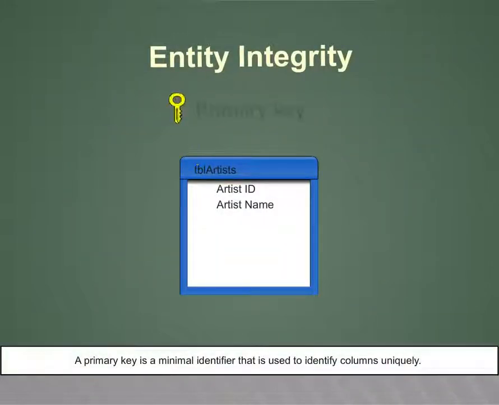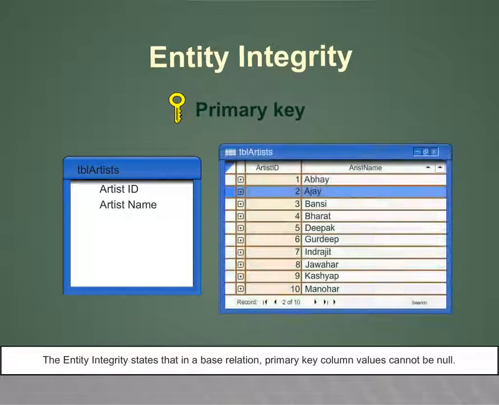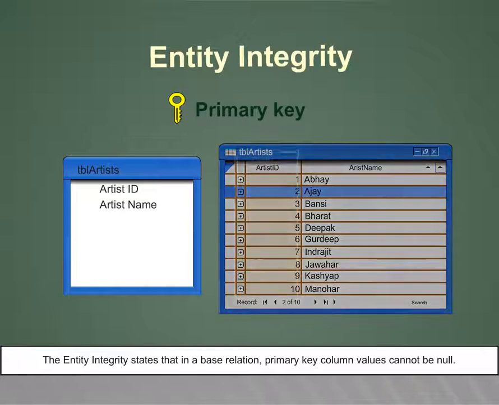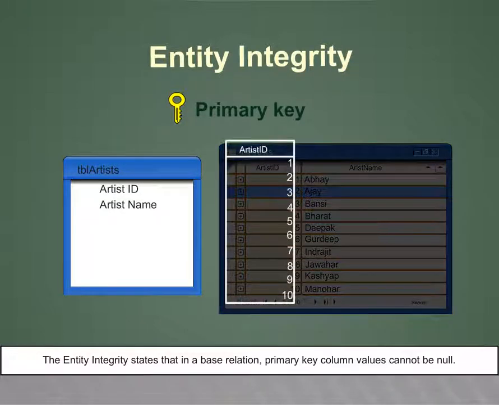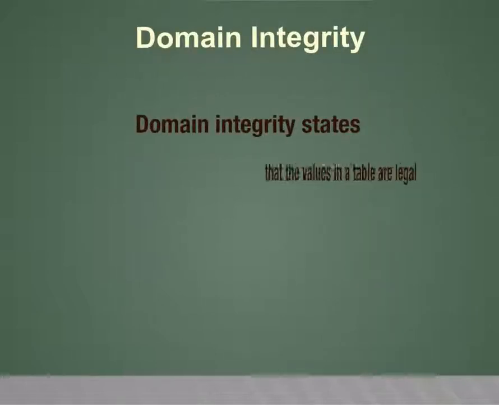Entity integrity. Primary key. A primary key is a minimal identifier that is used to identify columns uniquely. The entity integrity states that in a base relation, primary key column values cannot be null. Domain integrity.